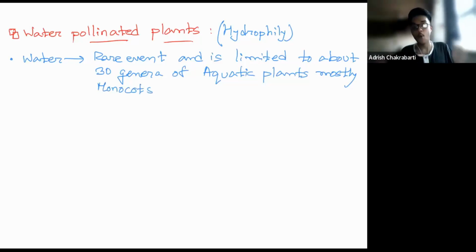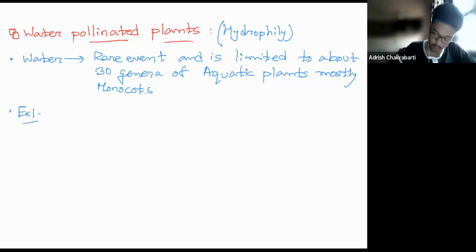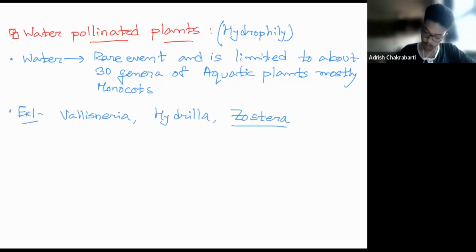So think of it, only in 30 genera are we observing water pollination, and that too in aquatic plants, most of them monocots. Examples include Vallisneria, Hydrilla, and Zostera. Zostera is also known as seagrass.